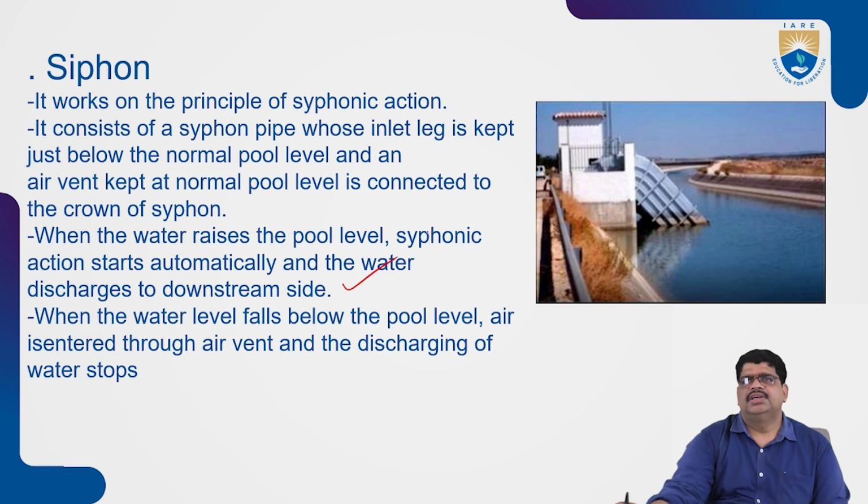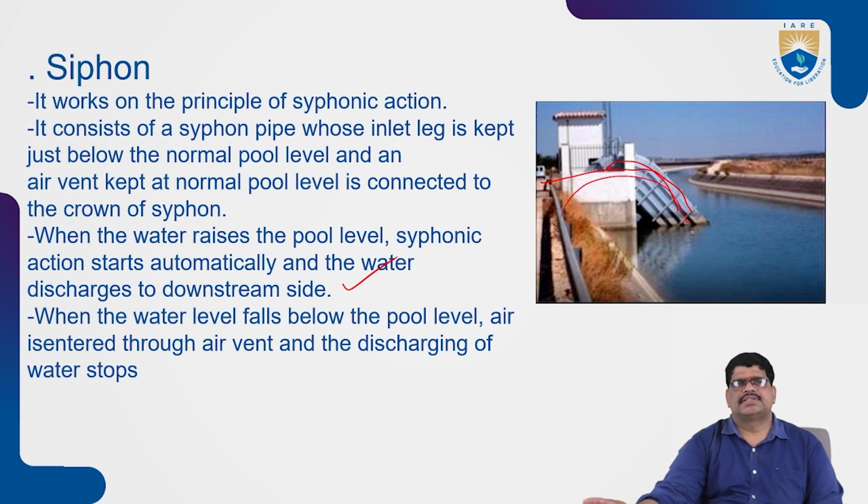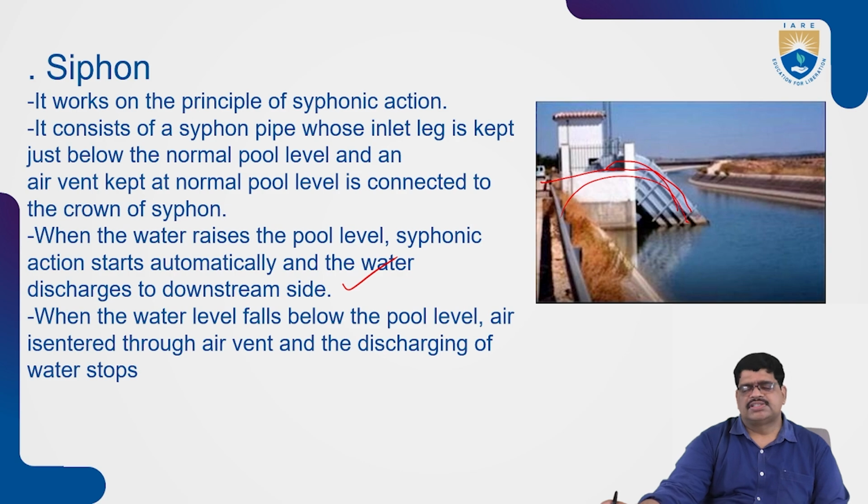As the water level rises, it is sent through, and air is entered automatically. That is what we call siphonic action. When the water level falls from the pool level, air is admitted through the air vent and the discharge stops. So that is the siphonic action.